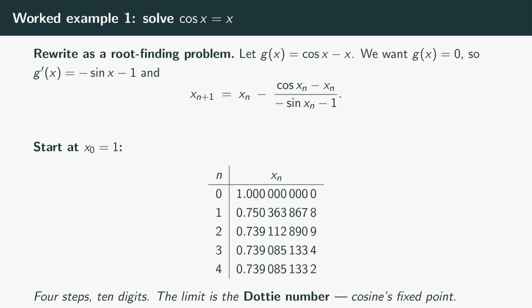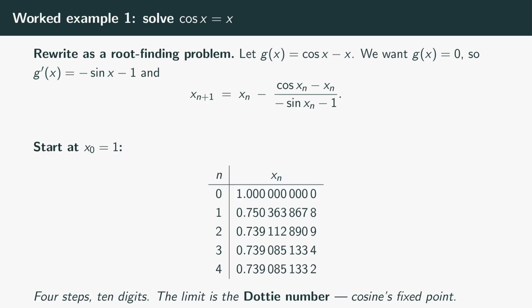Apply Newton's method. x1 equals x naught minus g of x naught over g prime of x naught, which is 1 minus cosine of 1 minus 1, over minus sine of 1 minus 1, which is 1 minus minus 0.460 over minus 1.841, which is 1 minus 0.250, which is 0.750. Round number, x1 is about 0.7504.